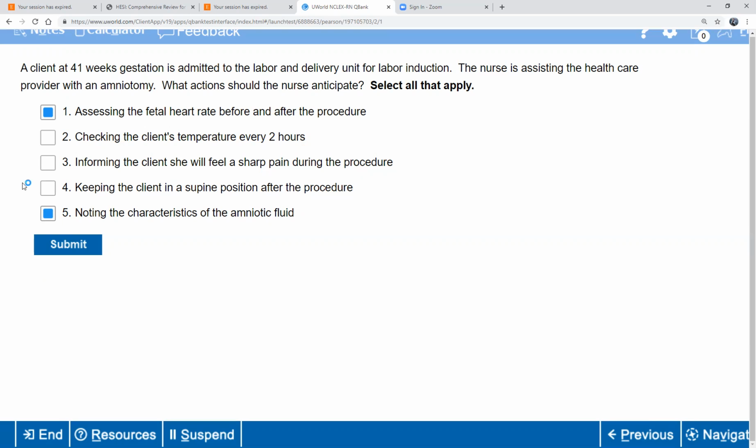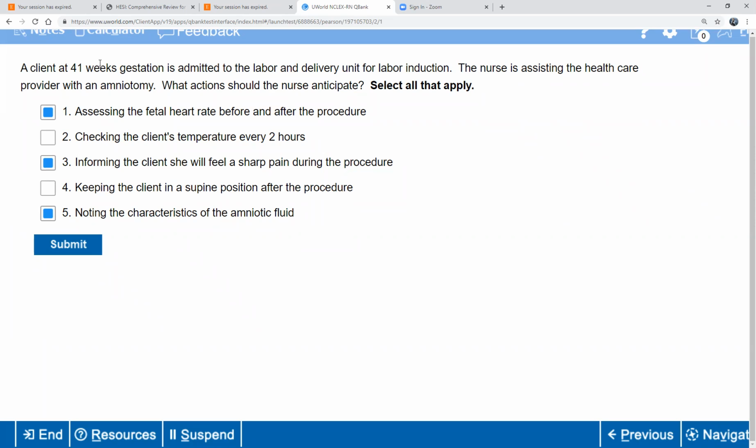Amniotomy, they have to be in a supine position in order to do that, right? But not after the procedure. Supine position after, no. Checking the client's temperature. Okay, I don't know. I will go with 1, 3, and 5. What do you think, Lovetta?